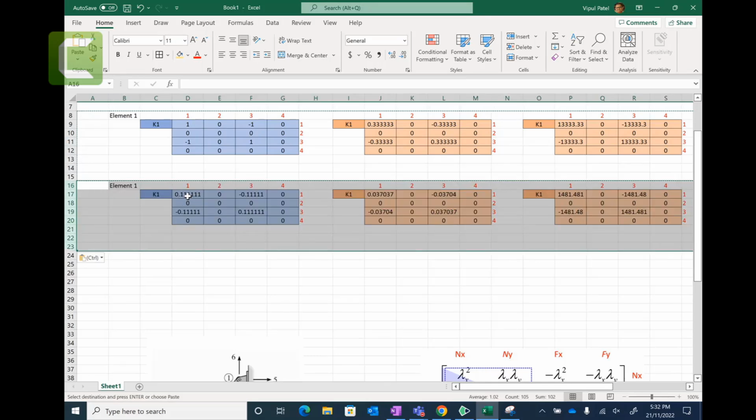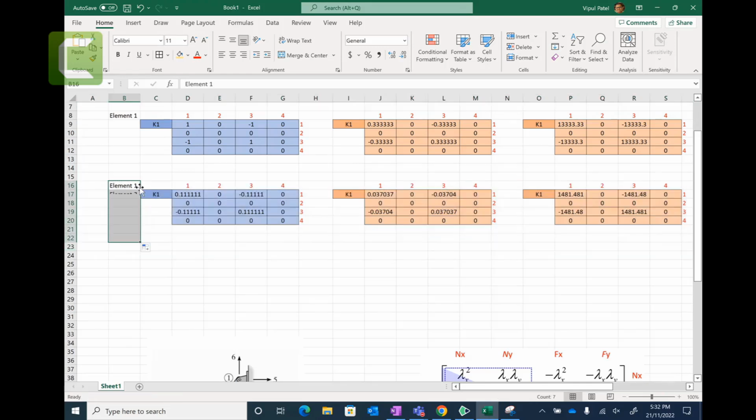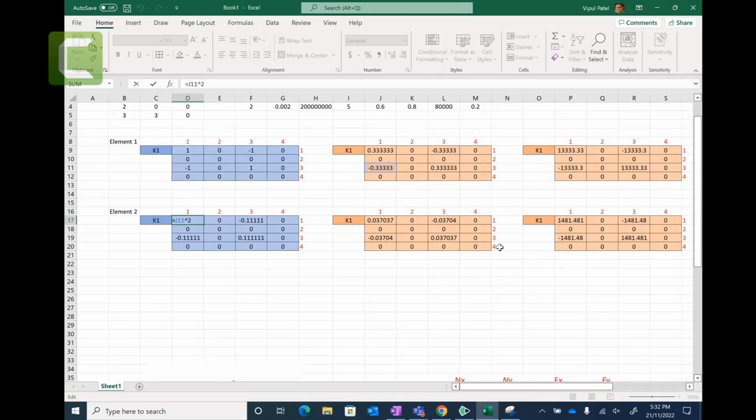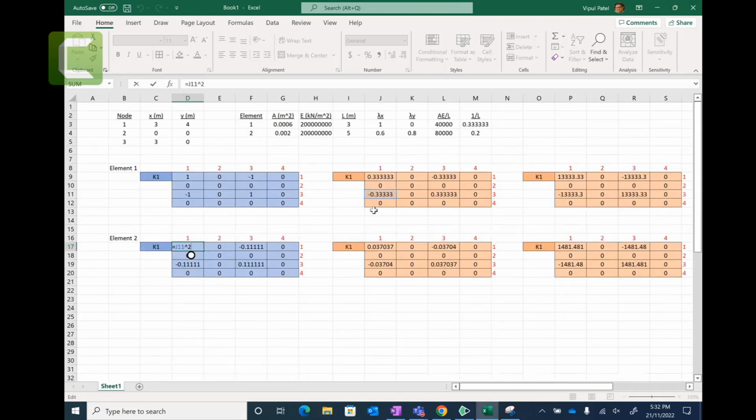If you look at this element number 2, oh, sorry, Control Z. If you look at this element number 2 here, we can just click on here and we can find that these numbers are not right because lambda x is here. For element number 1, we click on here, and when we get these ones, we move it here, lambda x squared. You can see that magic.